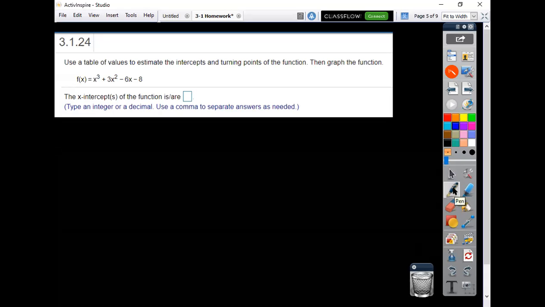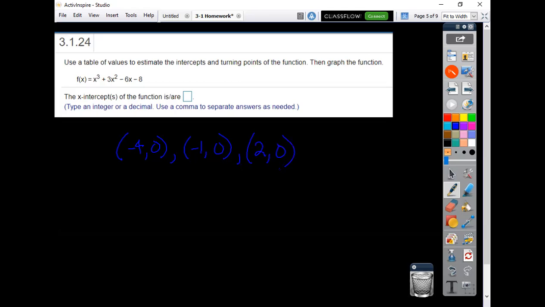So I don't think it's asking you here to type them in as ordered pairs, and just so you know, some places want them written like ordered pairs: -4, 0, -1, 0, and 2, 0. But sometimes they'll just accept it as the x-intercepts of the function are, because it doesn't really say anything here.